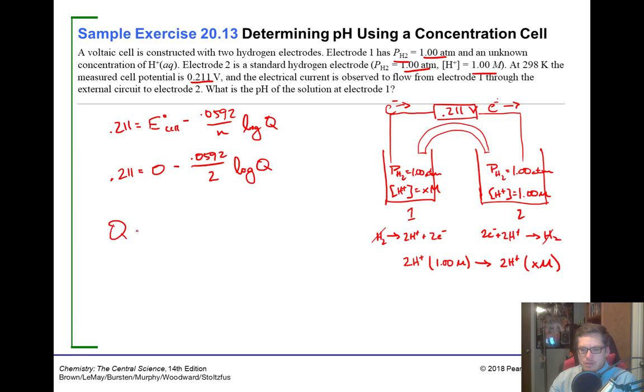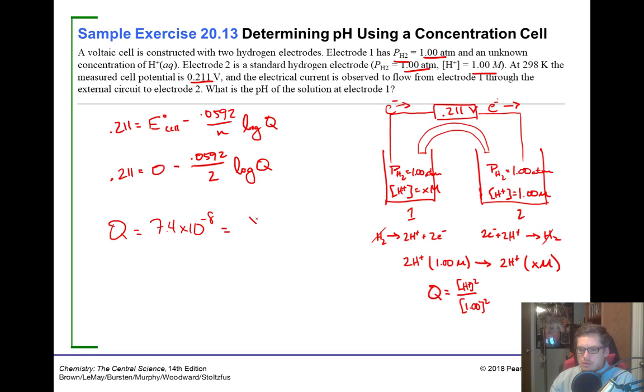If we do all that, earlier I got my Q value was equal to 7.4 times 10 to the minus 8th. So plug that in your calculator, see if you get the same thing. Hopefully you do. Now we know based on this equation that our Q is equal to products over reactants, so it would be the concentration of H plus squared over the reactant concentration, which would be our 1.00 squared.